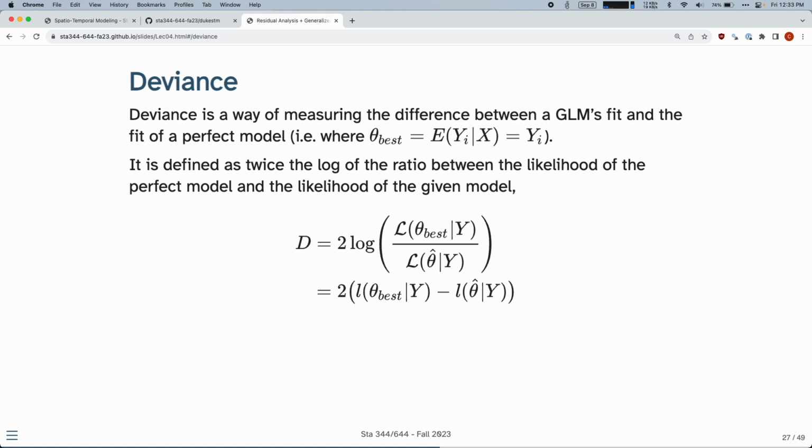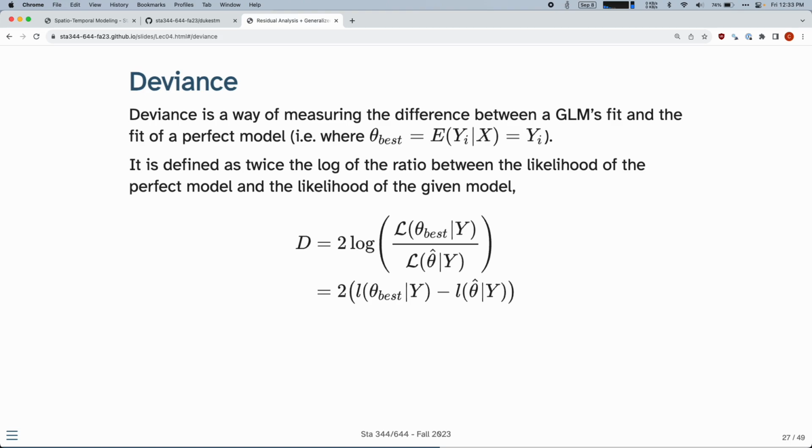And then for the model, whatever my guess is, my fitted value from it, so x beta.